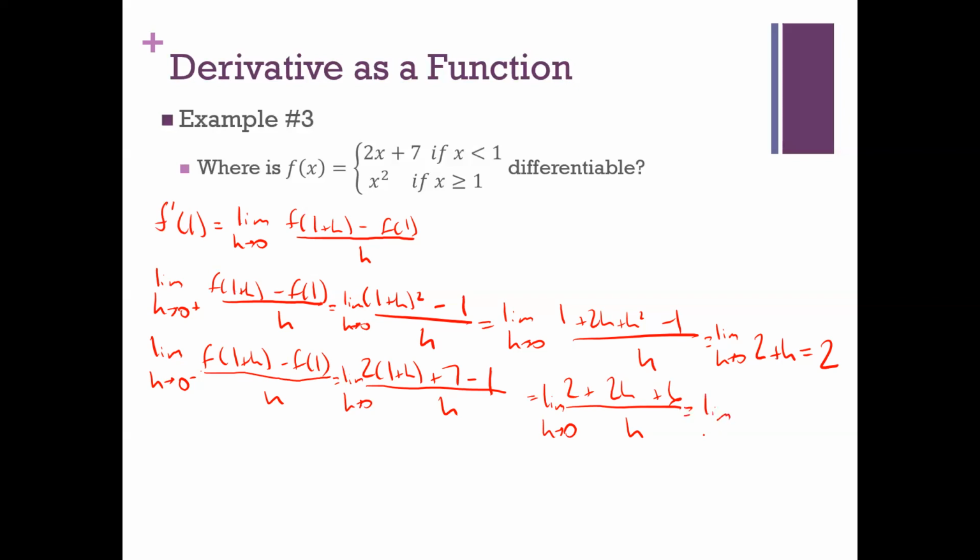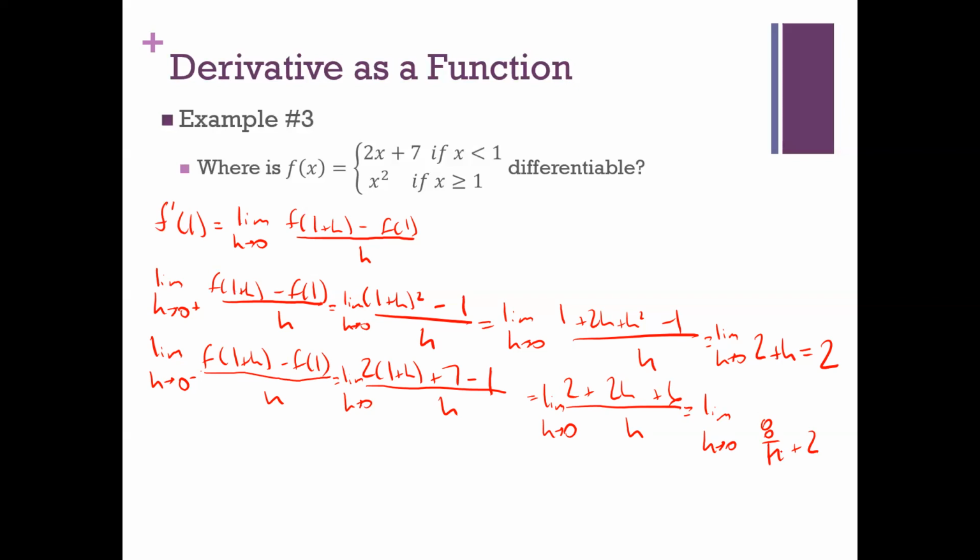Simplify it one more time, but I'll tell you right now this limit doesn't exist. 8 over h plus 2. So I got the limit from the right exists, the limit from the left does not.